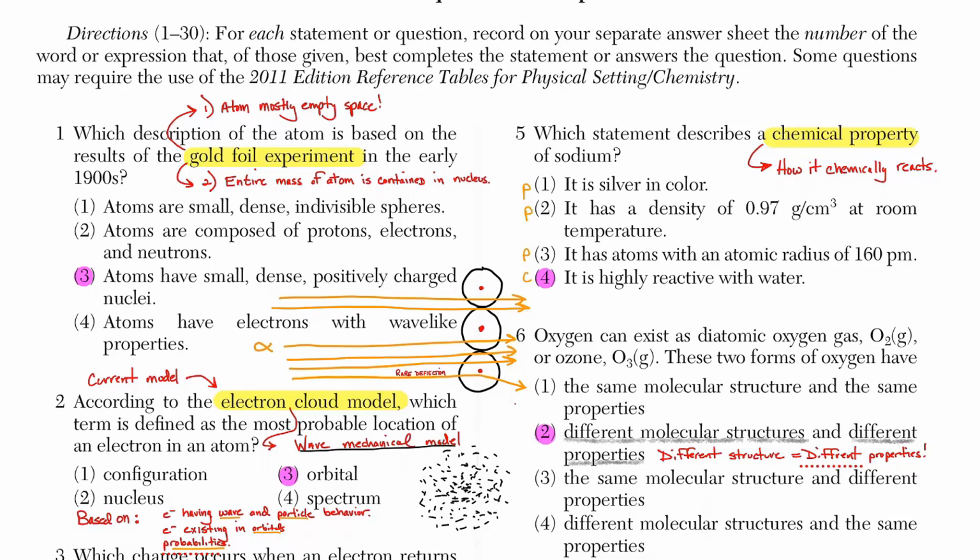You have to know that the gold foil experiment had basically two conclusions. When they shot alpha particles, which you should know are helium nuclei, 2 protons and 2 neutrons, at a very thin gold foil, most of these particles from alpha radiation went right through.